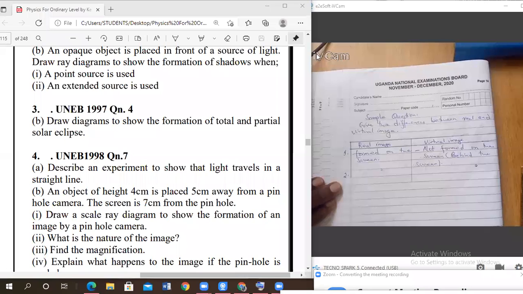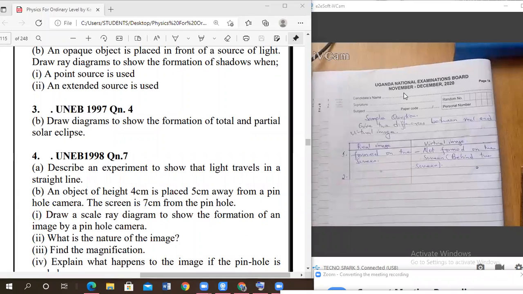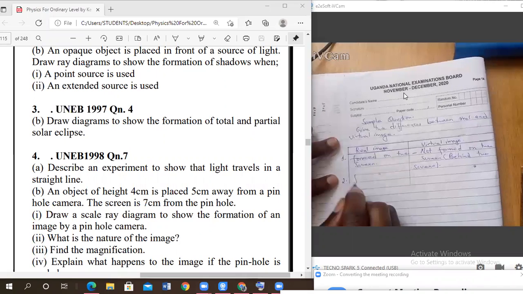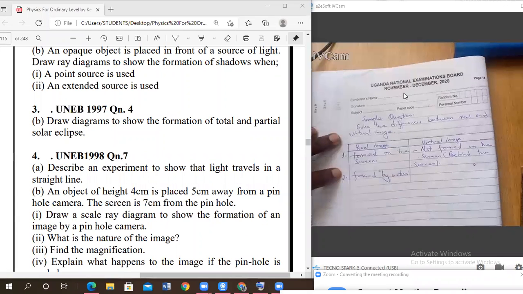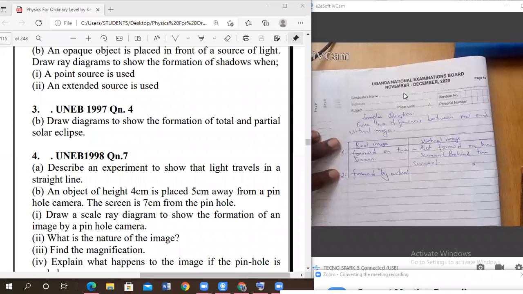Who can give us the second one? Nalokenga has given us: real images are formed by real rays of light. Good, that one is correct. But to avoid repetition of words, because I'm saying real image and it said real image, use another word.